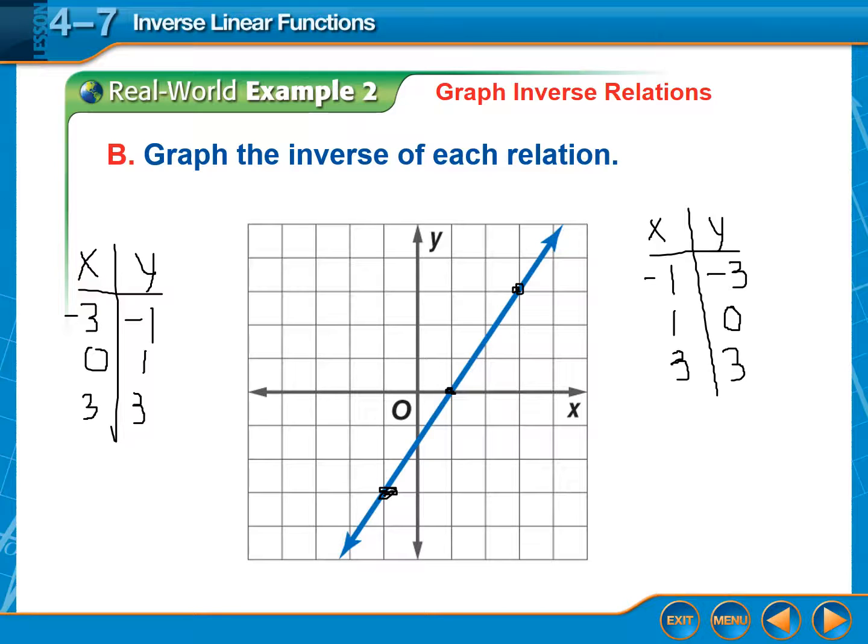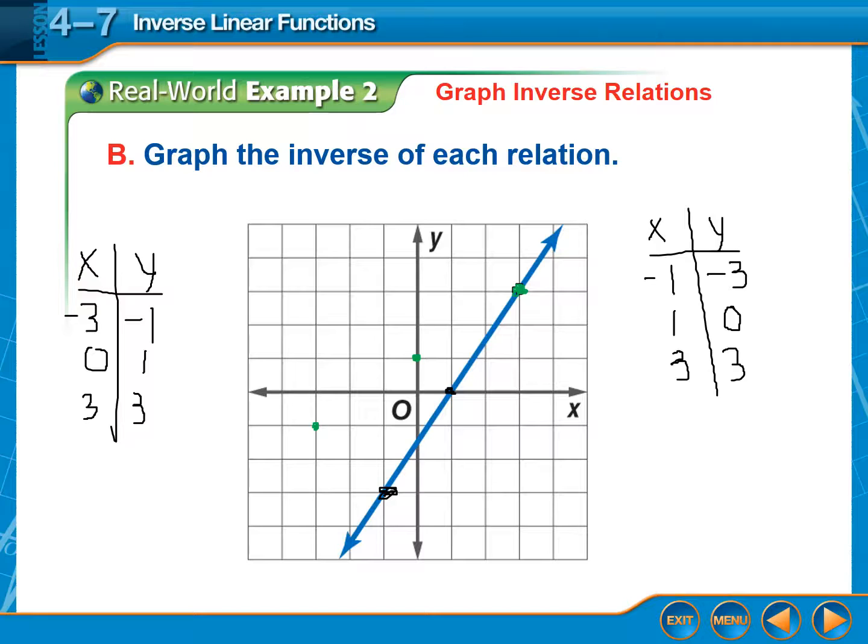So let's take a look at what that would look like on the graph. Let's put the points at negative 3, negative 1 is our first point. Then 0, 1, so x is 0, y is up at positive 1. And 3, 3. And again, notice, just because x and y were the same, when we switched them, it didn't switch the point.